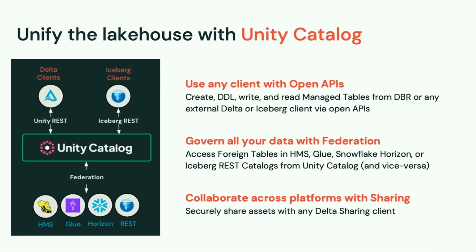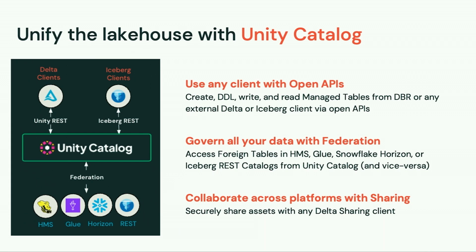So Unity Catalog is really unifying the lakehouse. We talked about unified governance. With catalog federation, you can achieve that, even if your data is maintained across all these different systems and catalogs, let's say Hive Metastore, Glue, Snowflake Horizon, or any IRC, Iceberg REST catalog.